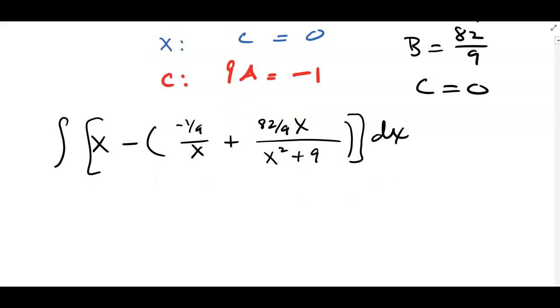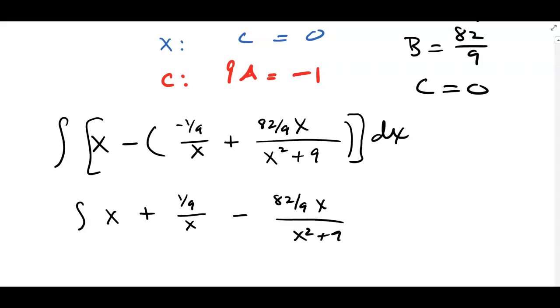All right, let's clean this up a little bit. It gives us the integral of x plus 1/9 over x minus 82/9 x over x squared plus 9 dx.